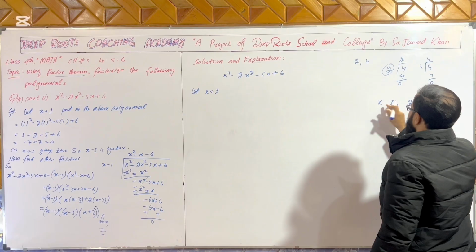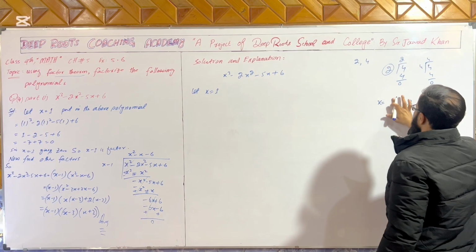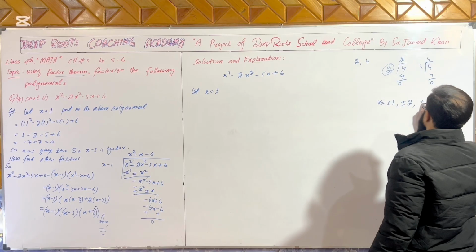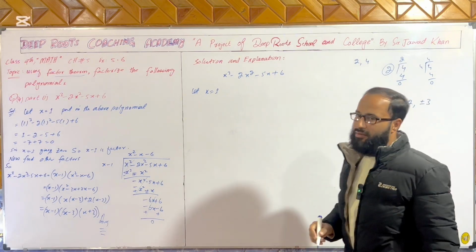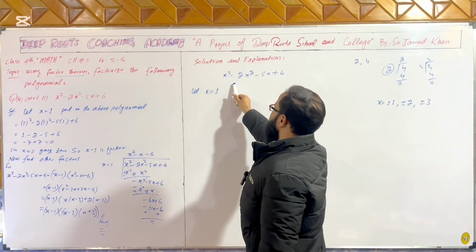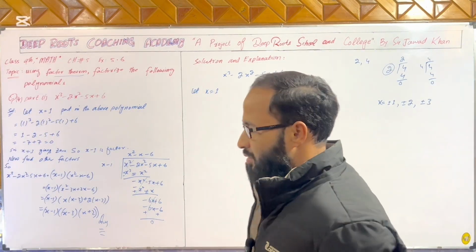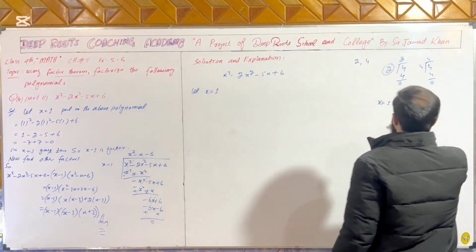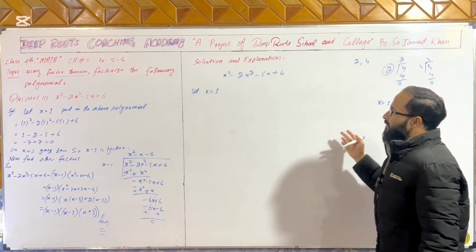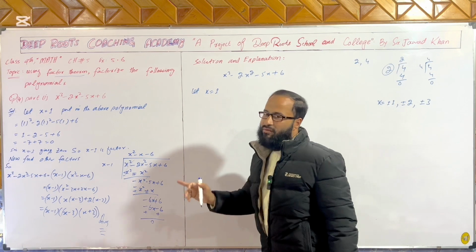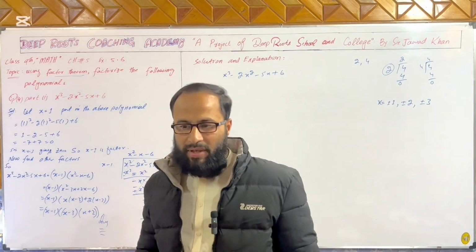And if these all digits don't work, so we will put negative of the digits here in this polynomial. Amongst these three numbers 1, 2, 3, one of them will give us 0 and that will become our factor.